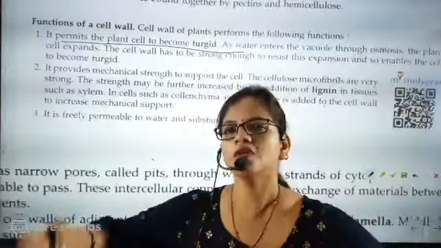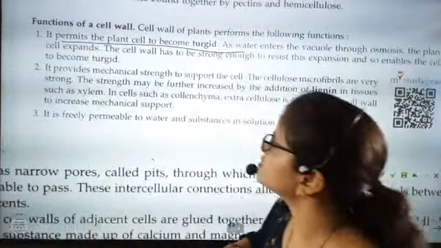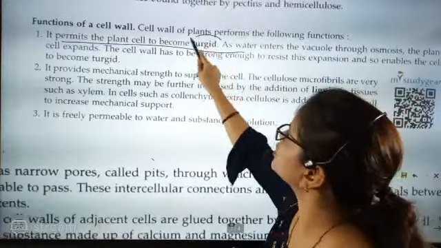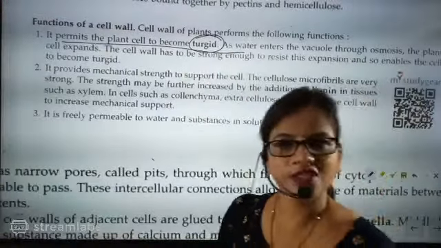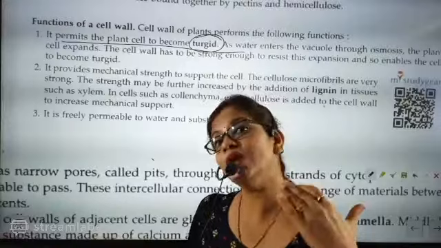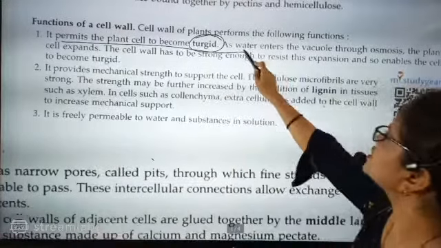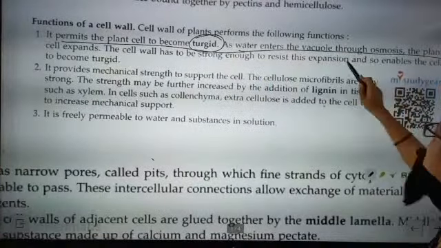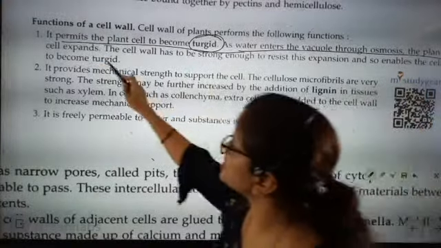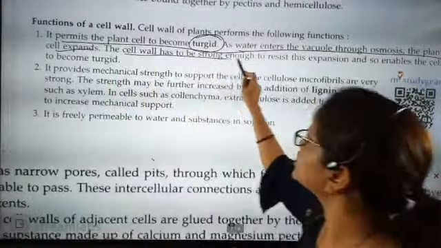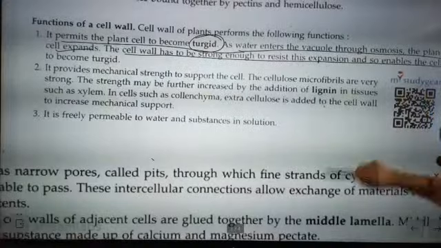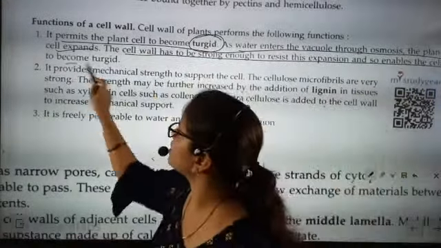So it permits the plant cell to become turgid, that means the plant cell will swell up, but to a limit. As water enters the vacuoles through osmosis, the plant cell expands. The cell wall has to be strong enough to resist the expansion, so it enables the cell to become turgid.